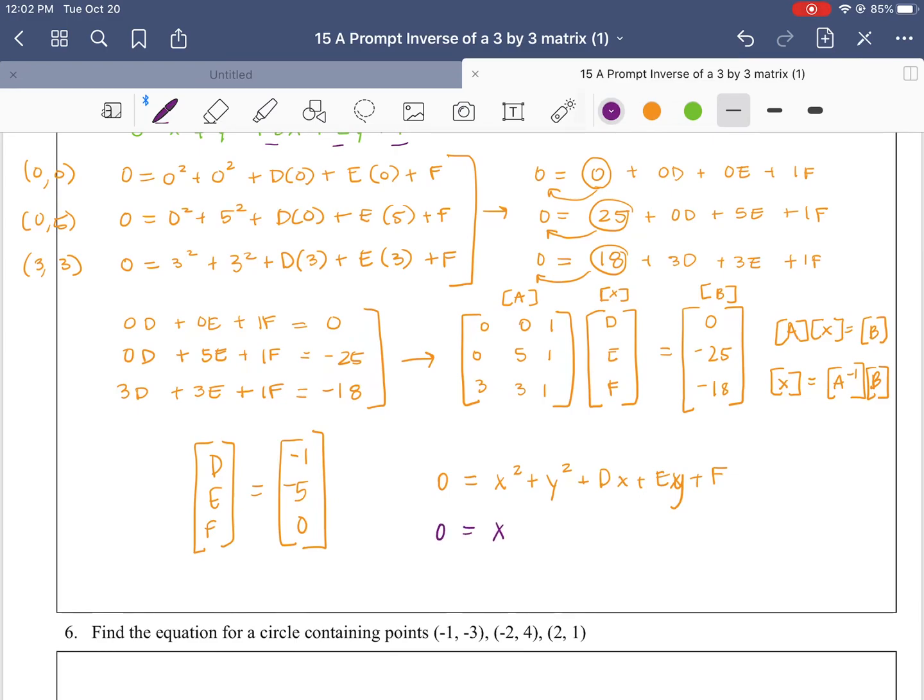So we're going to have plus -1x plus -5y plus f. Clean that up, make it look nice. That is x squared plus y squared minus x minus 5y, because that's a 0. And that is all.